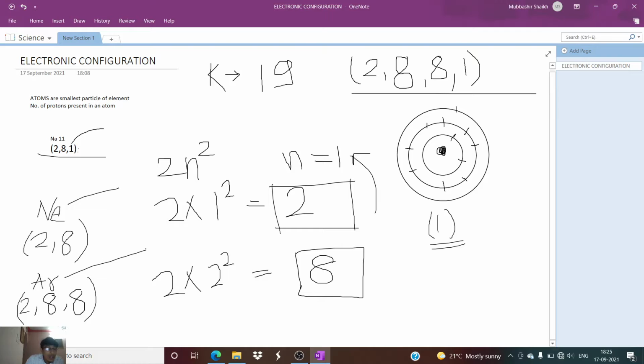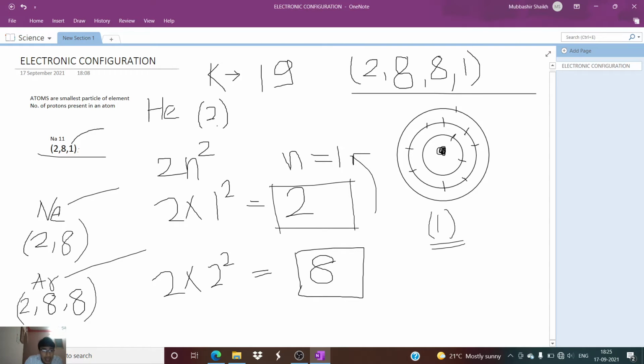Now neon is an inert gas. Argon is also an inert gas. And you can see the last shell or the last orbit of these two elements have completed their octet. Take an example of helium also. You will see that the atomic number of helium is 2. So electronic configuration is 2. Okay. But in the first shell, only 2 electrons can be placed.